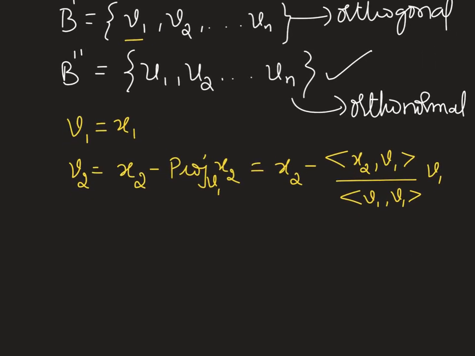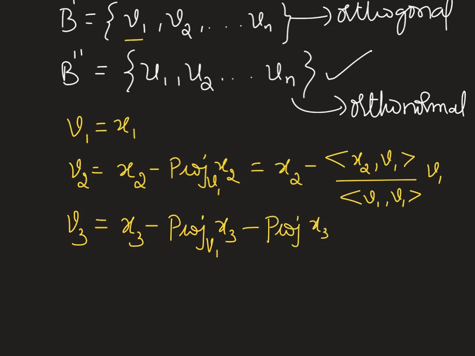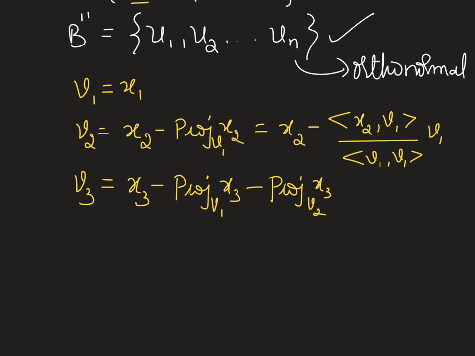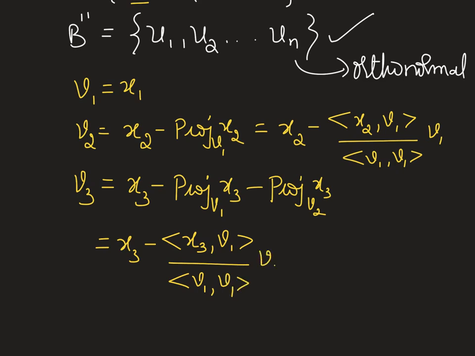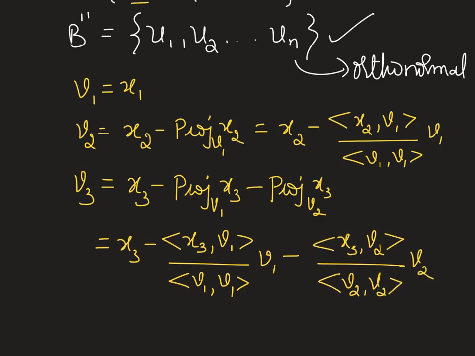Next, we obtain the third vector v3 in a similar way: x3 minus the projection of x3 on v1, again minus the projection of x3 on v2. You can also write this as x3 minus the inner product of x3, v1 divided by the inner product v1, v1 times the vector v1, minus the inner product of x3, v2 divided by the inner product v2, v2 times the vector v2.